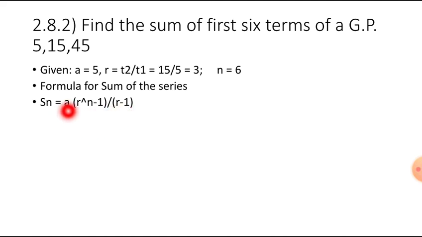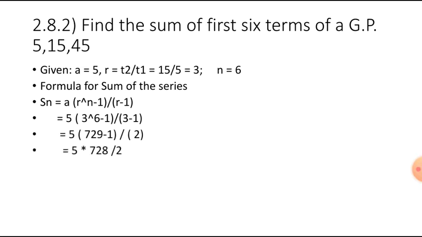So a is the first term, 5, r is the ratio we calculated, and n is the number of terms, which is 6 in this case.